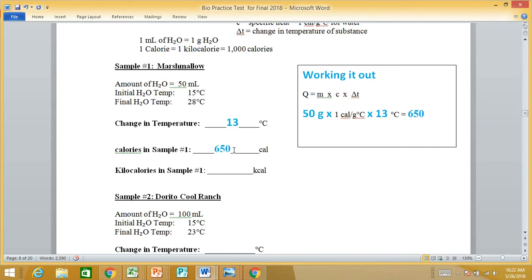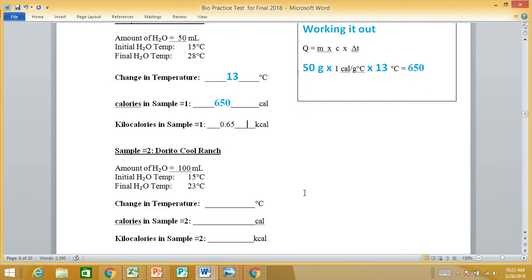So if that is the case, 650 of these lowercase calories, how would you convert that? You would just take 650 and divide it by 1,000. And so that's going to be what? 0.65 kilocalories. Which also probably isn't right, because we've got errors, because marshmallows definitely are more than 0.65 kilocalories.